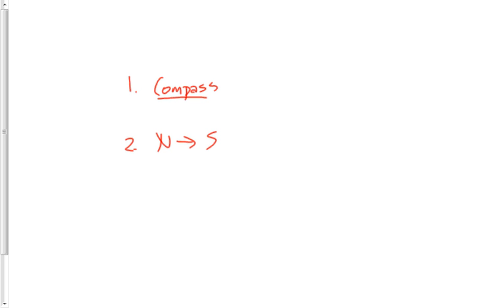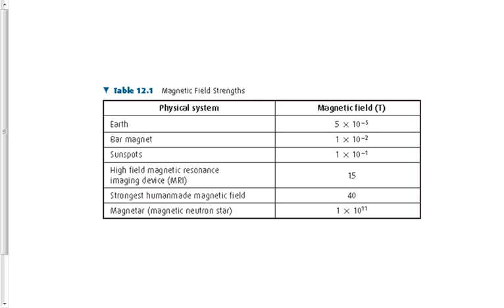Now, we also talked about the strengths of magnetic fields, which I told you didn't have to memorize. Just understand that when we're looking at the field strength caused by the Earth, it's weak compared to the other field strengths. Okay, you don't have to remember that it's 10 to the minus 5 Tesla. Tesla, by the way, is the unit for magnetic field strength.